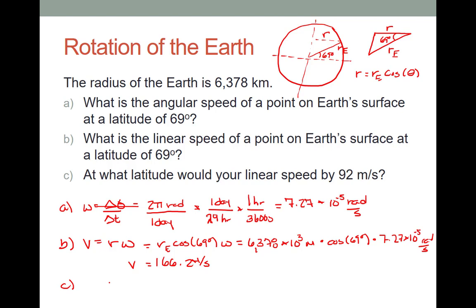Part C is very similar, but we want to find the latitude. We want to find the angle. In this case, we know that v is 92 meters per second. r is going to be, again, R_E times the cosine of an unknown angle, and then times omega, which is still 7.27 times 10 to the minus 5 radians per second.